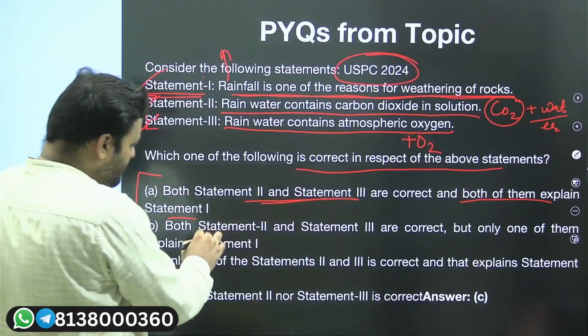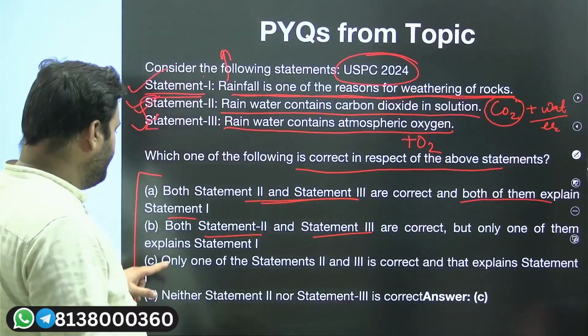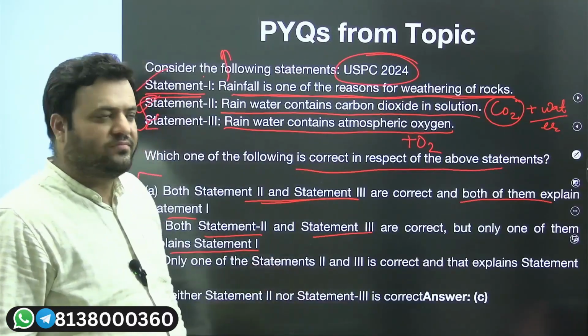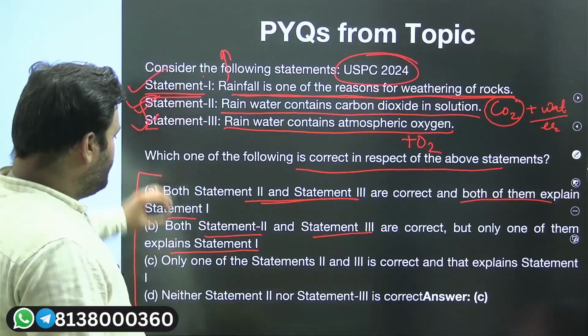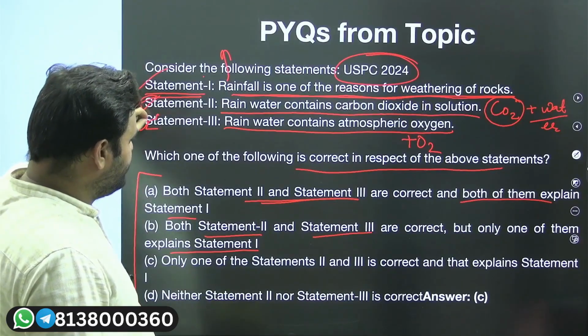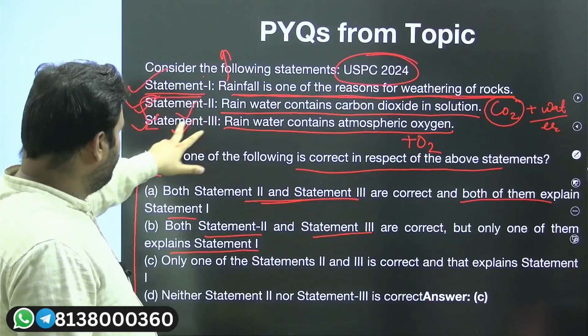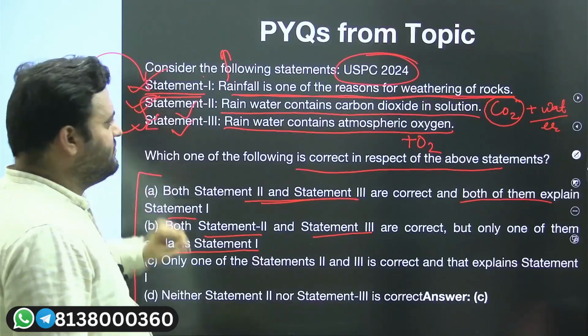Both statement 2 and statement 3 are correct, but only one of them explains statement 1. So here you can say statement 2 is correct, statement 3 is correct, but only one of them, either 2 or 3, is related with statement 1.